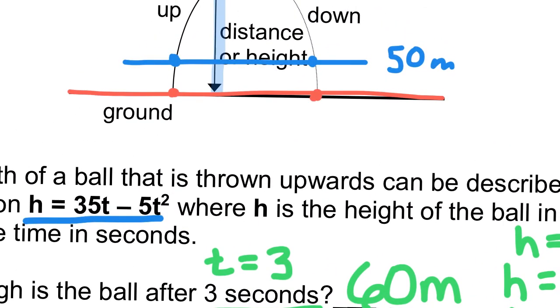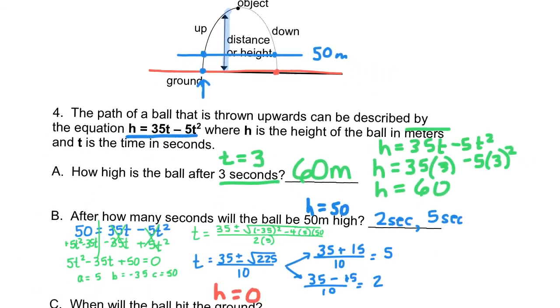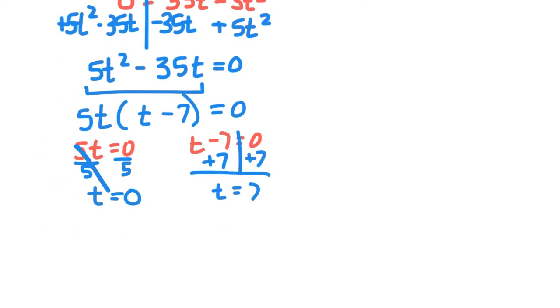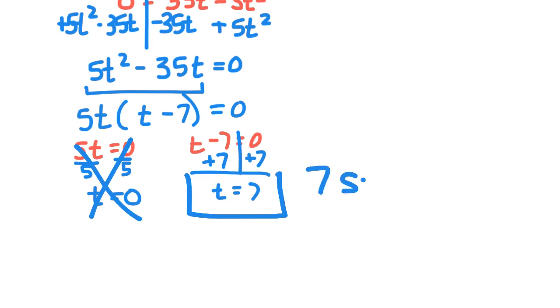The question was, when does the ball hit the ground? Well, if t equals 0, that is where we start. So it doesn't hit the ground at 0, that's where it begins. So that eliminates this as an answer. The ball hits the ground when the time is 7 seconds. That concludes your lesson for today.